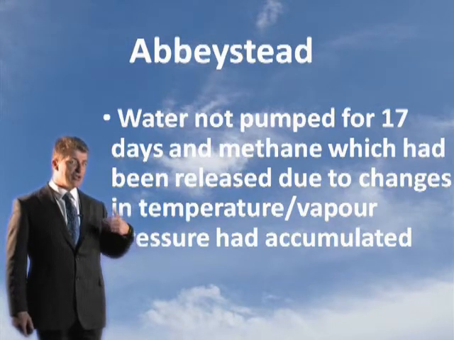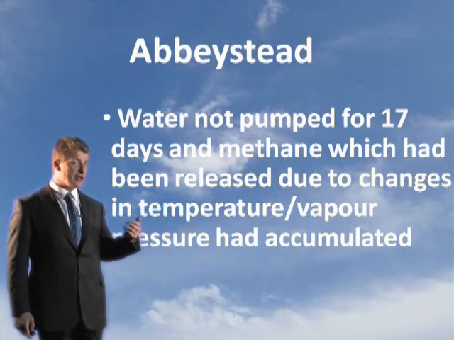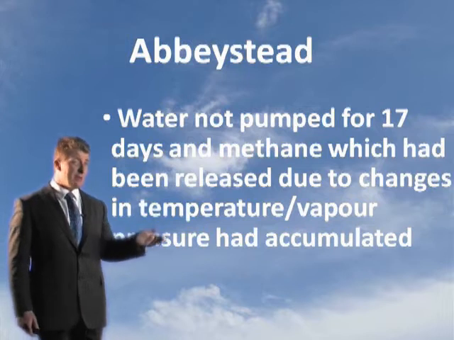This had happened due to temperature changes and vapour pressure. They came in after 17 days, didn't check the atmosphere, and all they did was switch on the pumps. Bang! Major explosion. Sixteen people were killed and 26 injured. So that was an example of a confined vapour cloud explosion, methane.